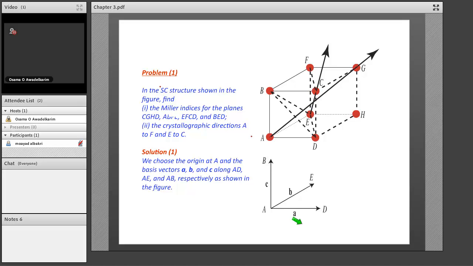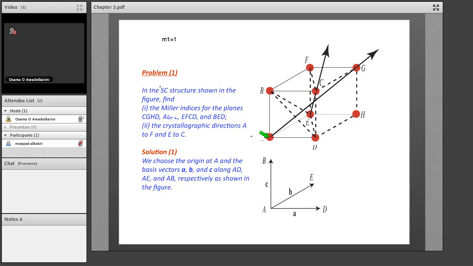Now, for the plane CGHD, let's see the intercepts along the a basis. It is 1 unit from A to D, so it intercepts in 1 unit. So the intercept on the a basis direction is 1. So m1 is equal to 1. Now, let us look at the intercept along the b direction.